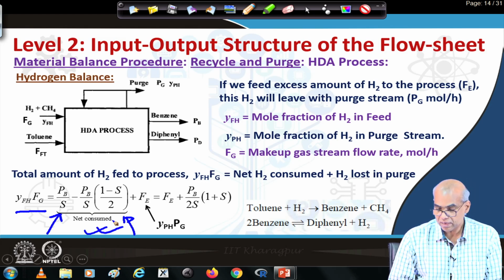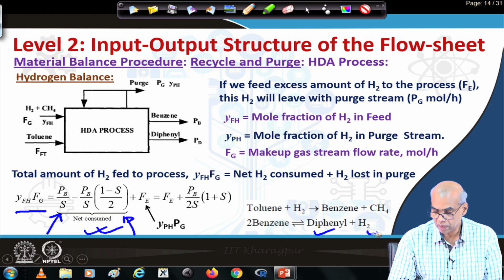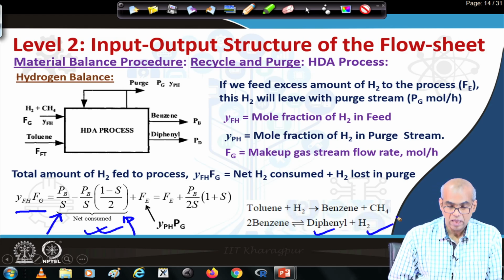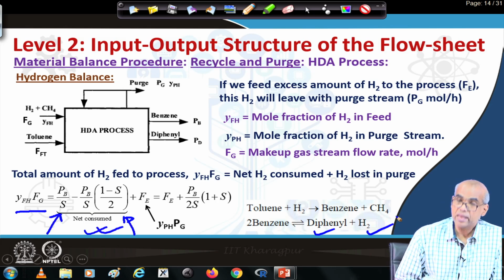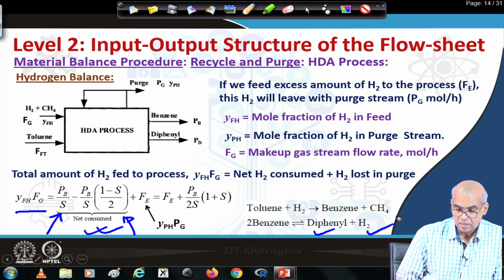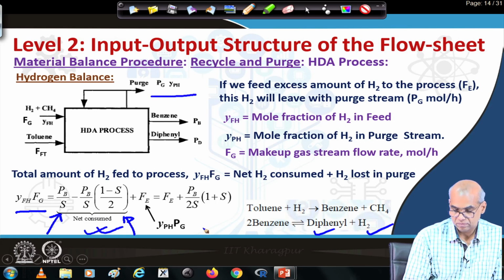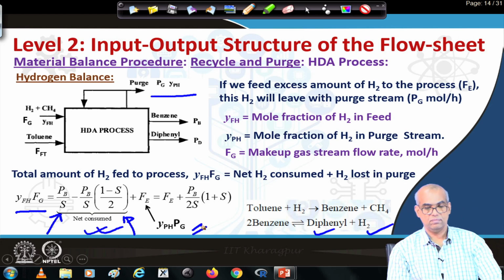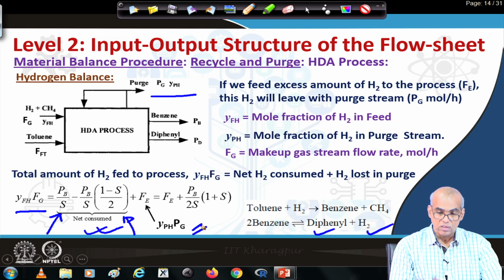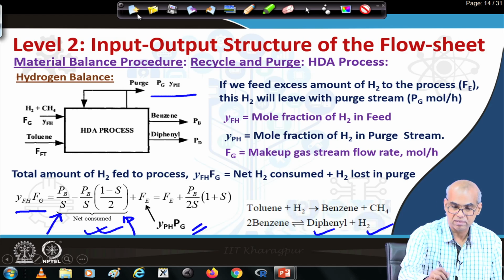See, the amount of diphenyl produced and the amount of hydrogen produced is the same, and we have seen in the previous slide that the amount of diphenyl produced is Pb by S into (1 minus S) by 2, and Fe is the excess hydrogen fed. So, the excess hydrogen fed has to leave with the purge. So, it has to be equal to Yph into Pg. So, this is the hydrogen balance.